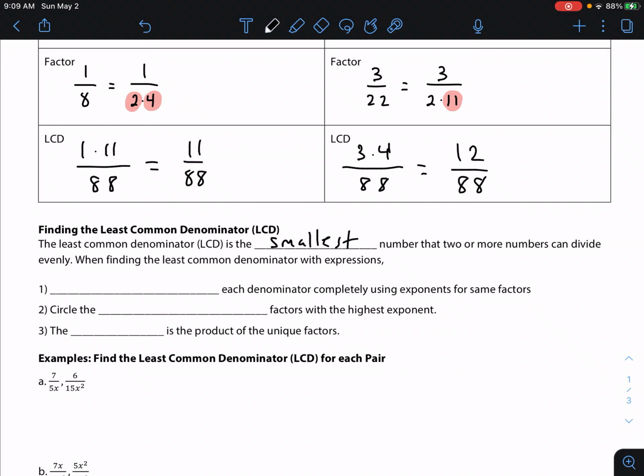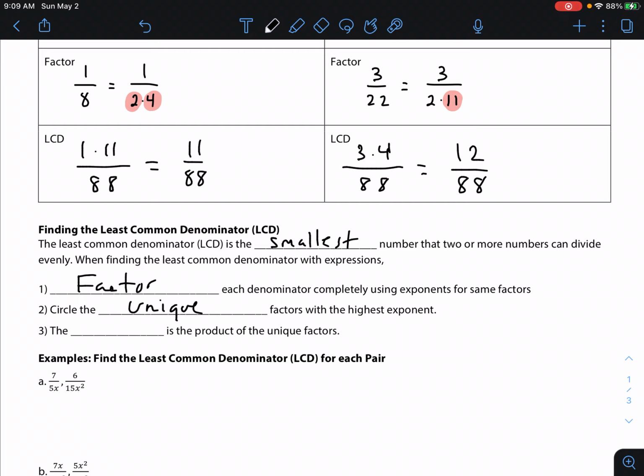Okay, and when finding the least common denominator with expressions it's a little bit different. What we're going to do is factor each denominator completely using exponents for the same factors. And then we're going to circle the unique factors with the highest exponent.